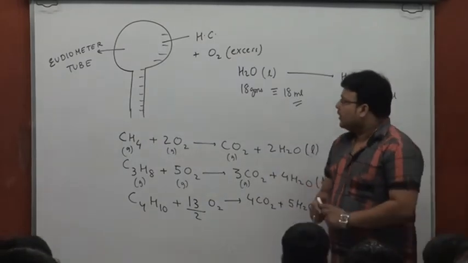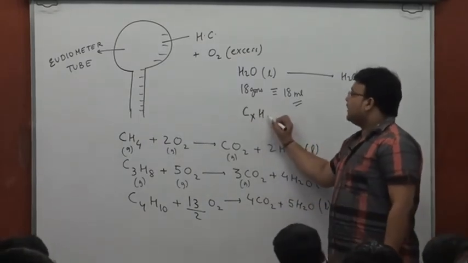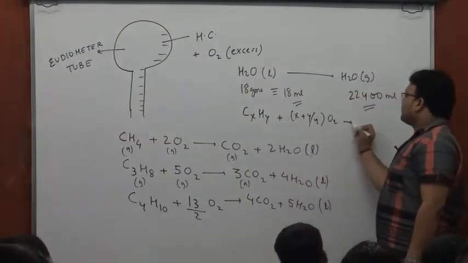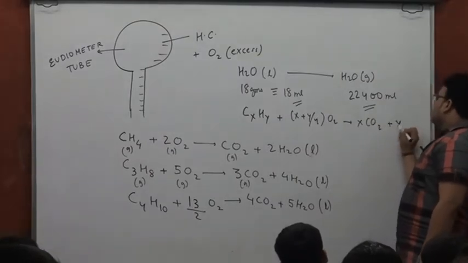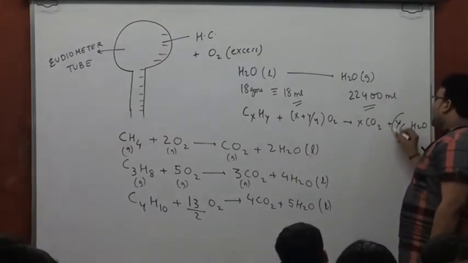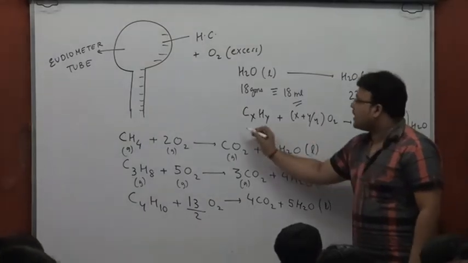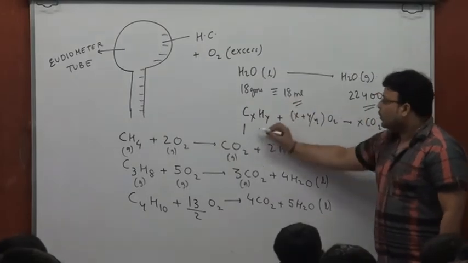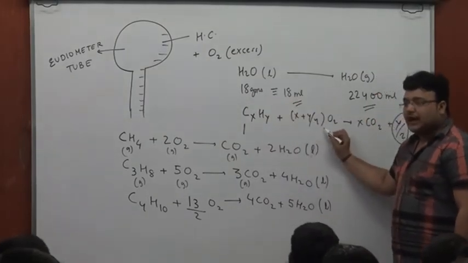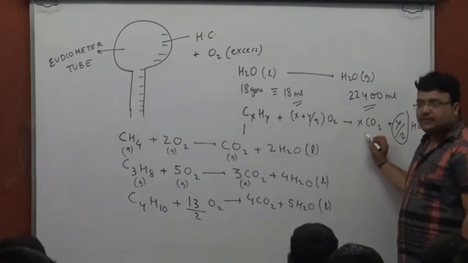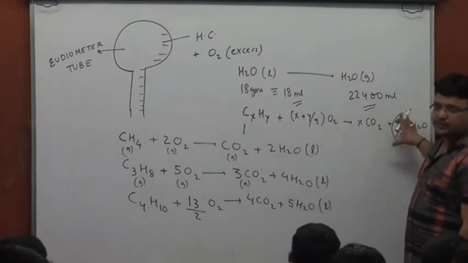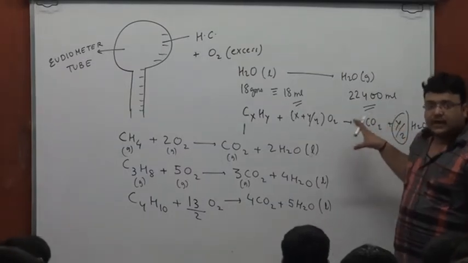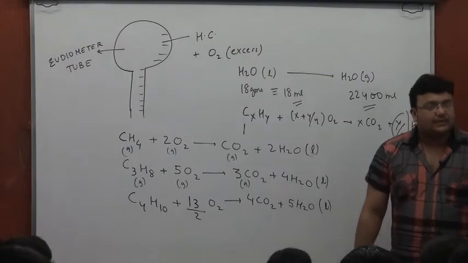I mean, every time you have CxHy reacting with x plus y by 4 moles of oxygen, giving you x CO2 and y by 2 moles of water, and because this y by 2 liters is not going to be considered, every time if you start with 1 liter, the total volume of the reactants will be 1 plus x plus y by 4, and the total volume of the product will be x only. I'm not counting this because this has turned to liquid.